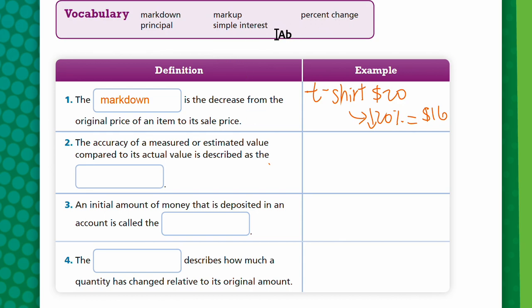That is the percent error. I don't know why you don't have a percent error in this word bank, but that really should be. I'm going to add another word. Percent error. Weird. Yeah, percent error should be another vocab that should be there, and number 2 is actually a percent error.